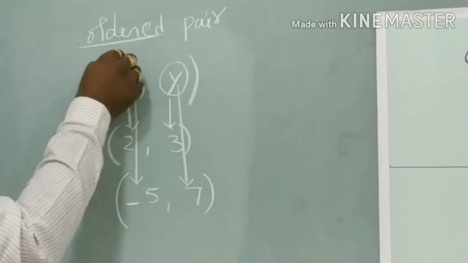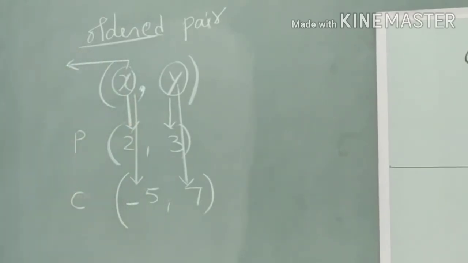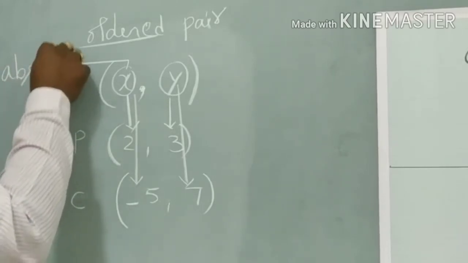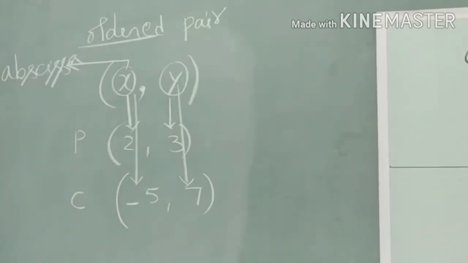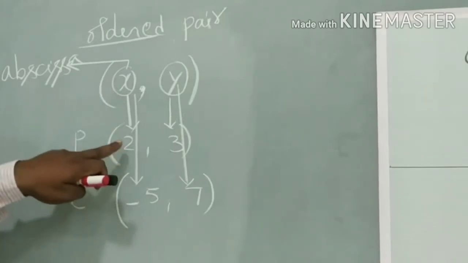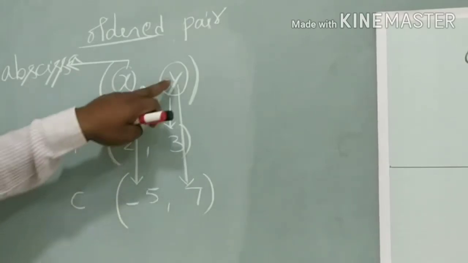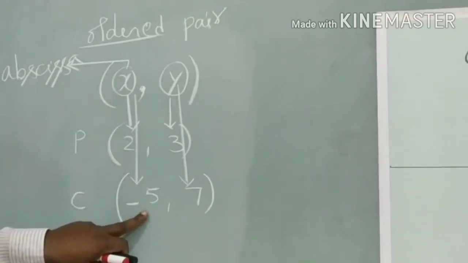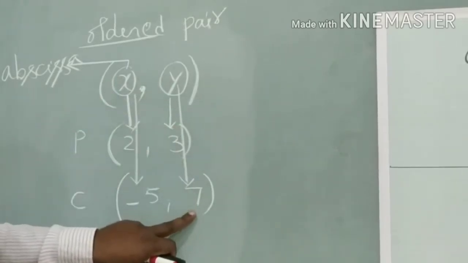The first one, the x-axis value, is called the abscissa. What is that? X-axis, x coordinate. In the first point, the x coordinate is 2 and the y coordinate is 3. Here the x coordinate is minus 5 and the y coordinate is 7.